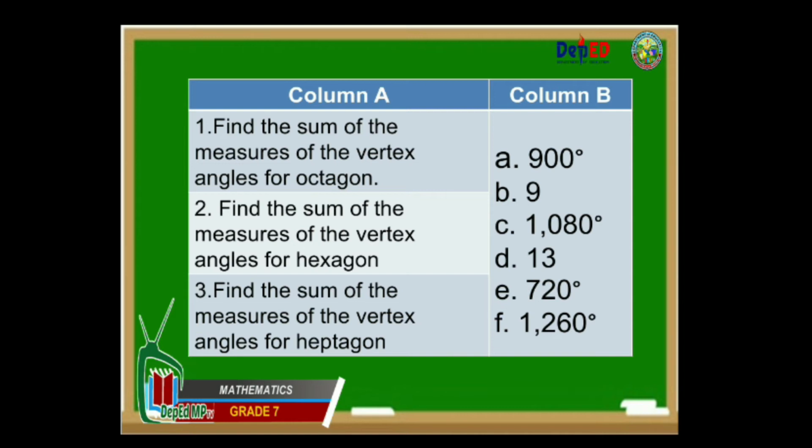Number 3, find the sum of the measures of the vertex angles for heptagon. For column B, letter A, 900 degrees. Letter B, 9. Letter C, 1080 degrees. Letter D, 13. Letter E, 720 degrees. Letter F, 1260 degrees.